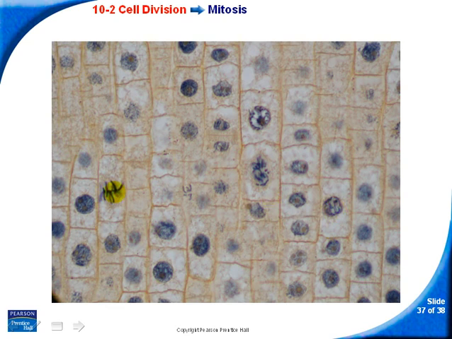Here we have probably metaphase right here. You can see the chromosomes lining up and starting to move away. This is probably anaphase right here. And you can see right here you have two cells. The chromosomes are still pretty condensed. You can see there's sort of a cell wall there, but it's hard to really see. That's probably telophase right there.